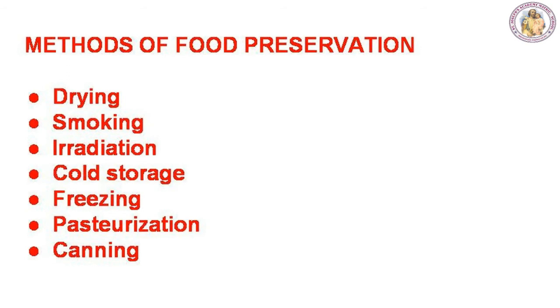And pasteurization is a heat treatment for liquid products, for example milk and beverages. This process involves heating milk at 60 degrees Celsius for 30 minutes and sudden cooling to destroy the microbes present in the milk. Last one is canning.